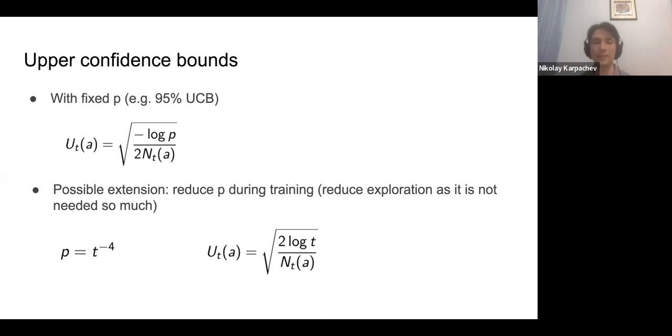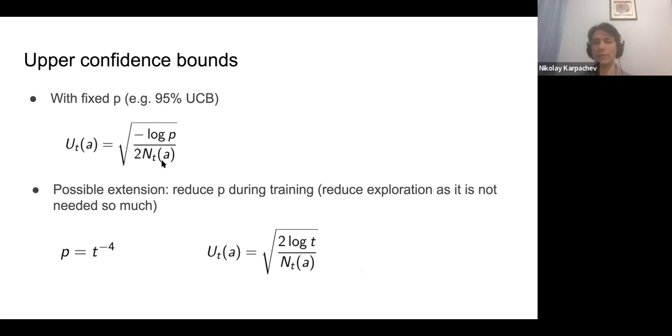In this case, we can take this schedule where probability is t to the power of -4. And then in this strategy, the upper bound will be given as the following: square root of 2 times log t divided by the number of actions in the sample.